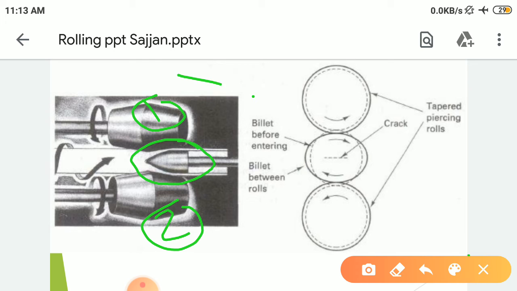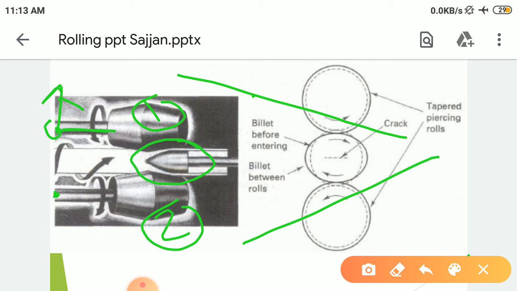If this is the axis of roller 1, then this will be the axis of roller 2. In this picture it seems horizontal, but it is not. This end is going out this side, and this end is coming towards our side. So it is at some angle.